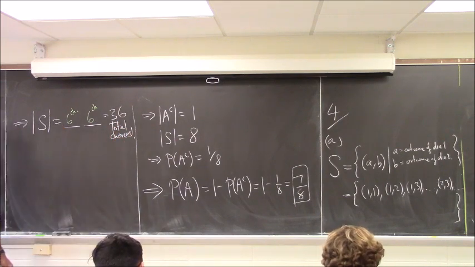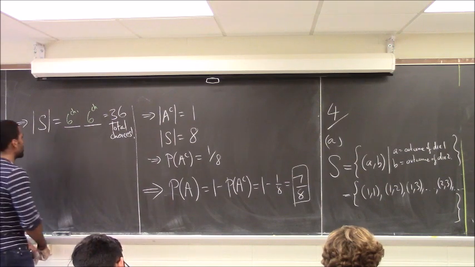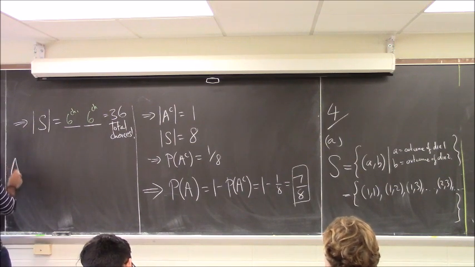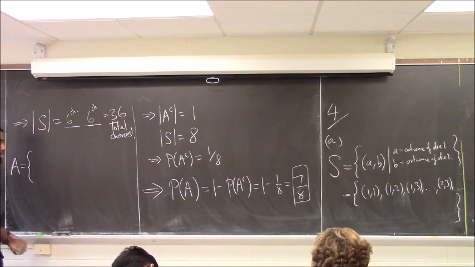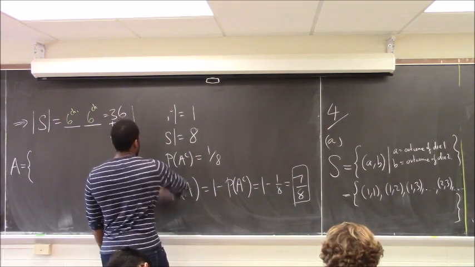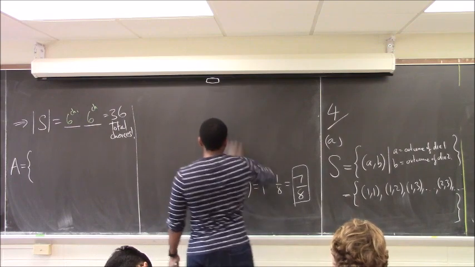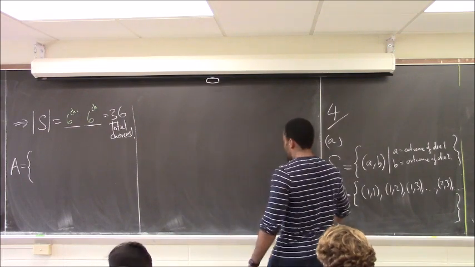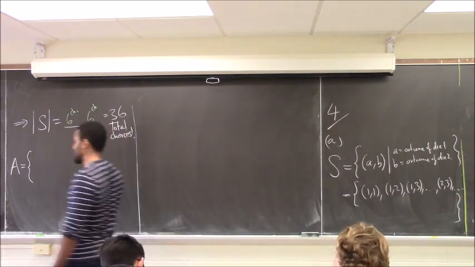by the multiplication rule. Now A is going to be a subset of my sample space that includes the possibilities that I care about. The possibility is that the sum is equal to 7. What are the possibilities for the sum being 7?